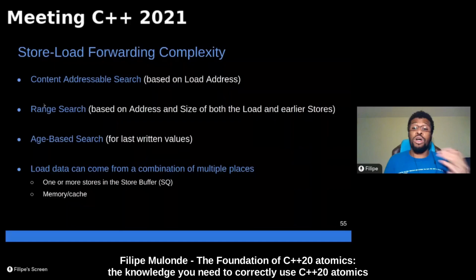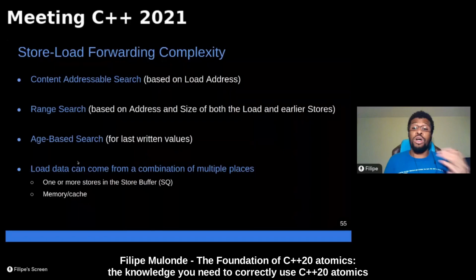It's also a range search because, for every memory location that a load is going to access, we need to check if there is not a previous store that is going to write in that location. It's also an age-based search because we need to get the youngest value that was written to that address.